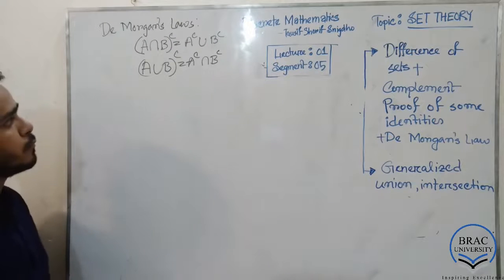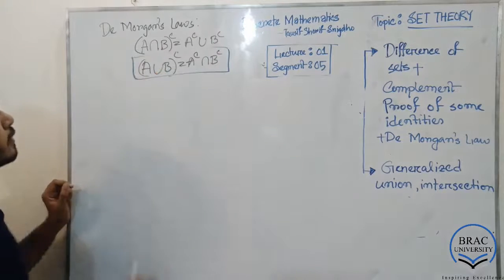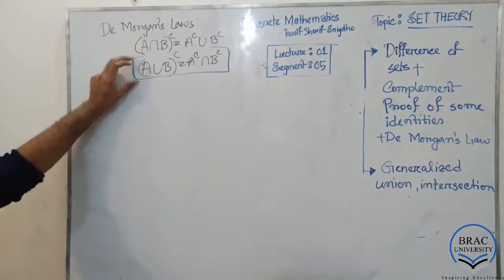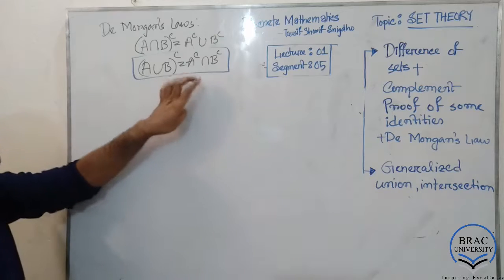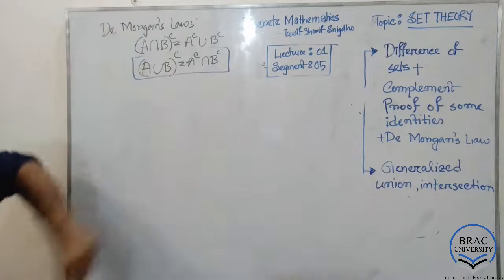I'll show you the proof of the second part, this one, right? And after I show the proof of this part, you will try to solve or prove the first part by yourself.